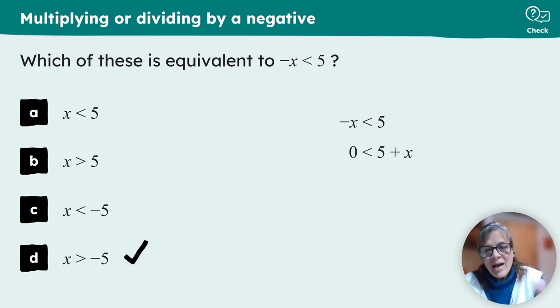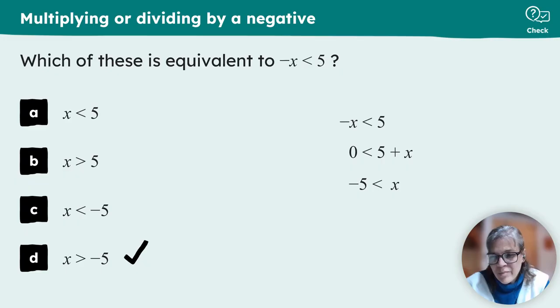If I would add a positive x to both sides, then I would move the x over to the other side. I wouldn't be dividing or multiplying by the negative. And then I could move the 5 over and be subtracting it. And I would see that x has to be greater than -5.